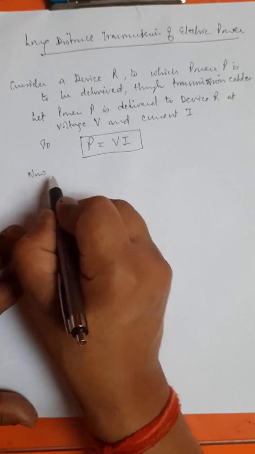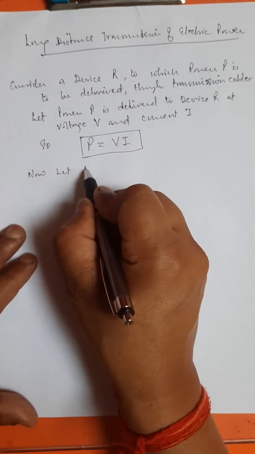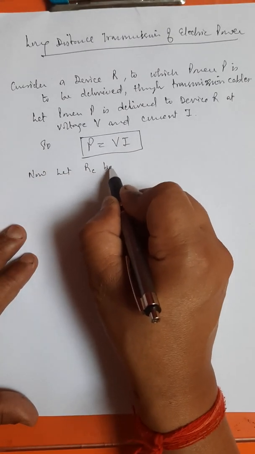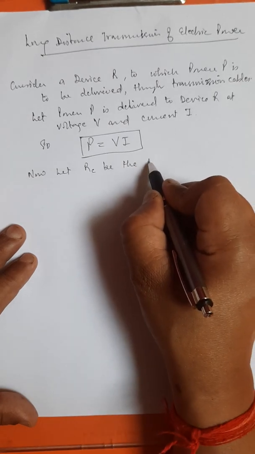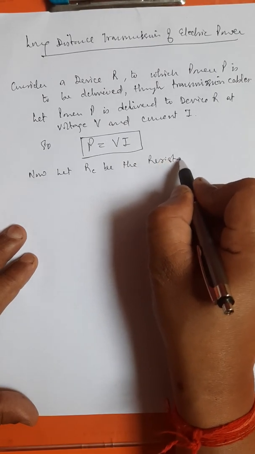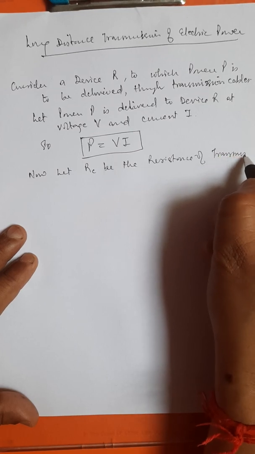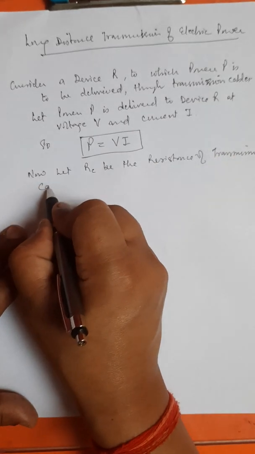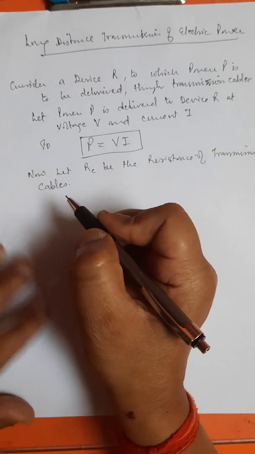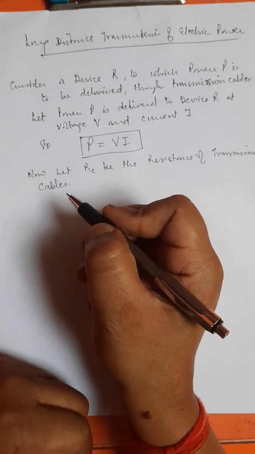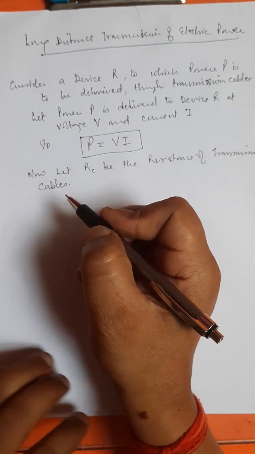Now let RC be the resistance of transmission cables from the generating stations or the power stations to the device.